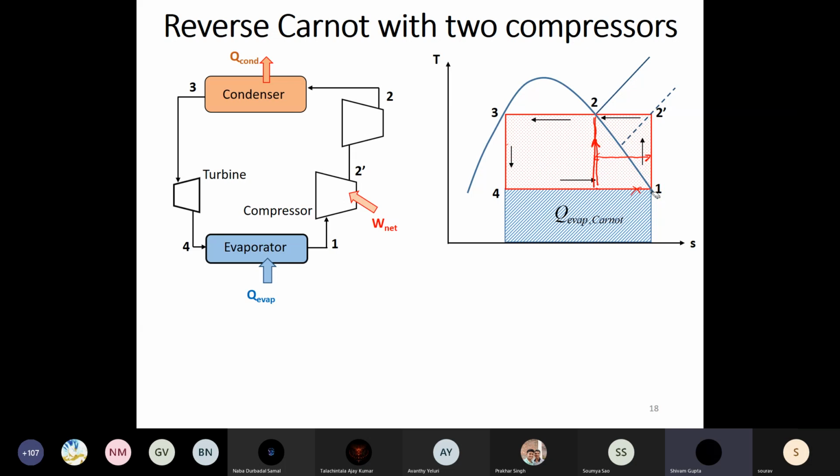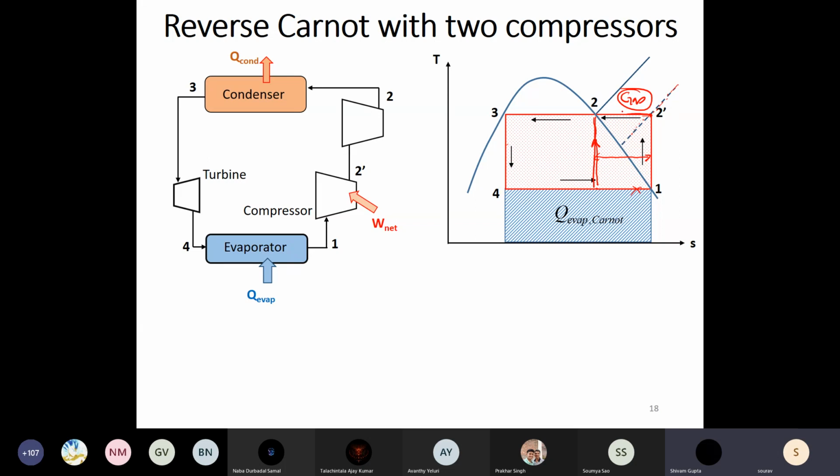Okay, so now from here we start compressing, and we reach a certain intermediate pressure, and then from here we have to move in an isothermal fashion. As I told you, part of it is now in the gas region, and now we are faced with the same issue which we avoided by placing the isothermal inside the dome.